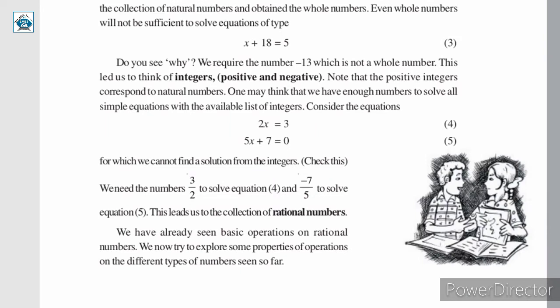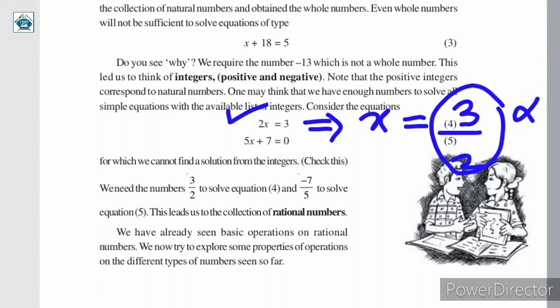Apart from these equations, we have equations for which integer solutions are also not enough. For example, consider the equation 2x is equal to 3. Here when we rearrange this, since 2 is multiplied with x, when we take it to the other side, that is the right hand side of the equation, it becomes 3 by 2. So here 3 by 2 is not an integer.